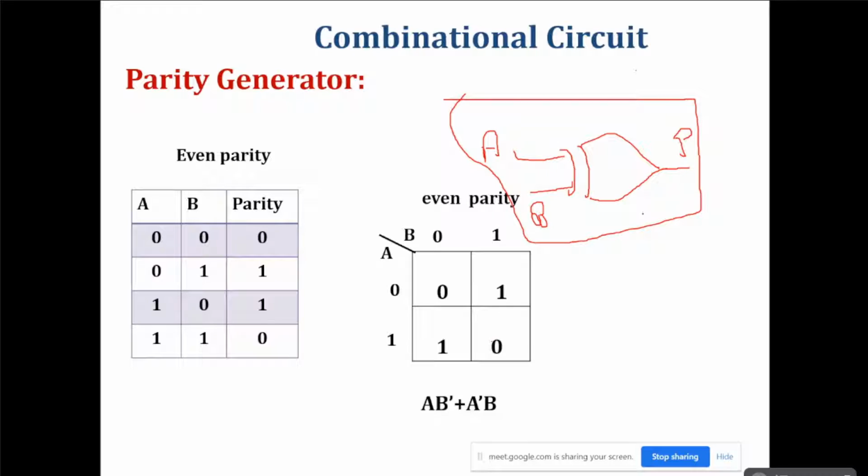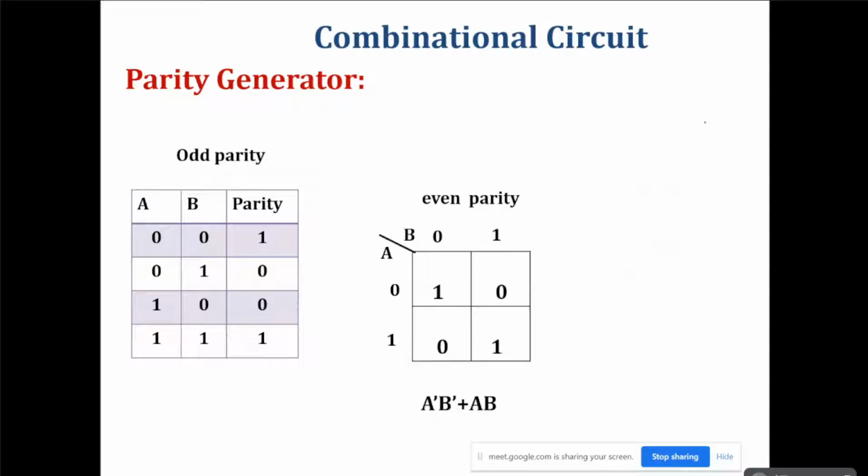Just like even parity, we can also use the odd parity. Here, what we have to do, we need the XNOR for the odd parity for those same inputs. Okay. A dash B dash plus AB.